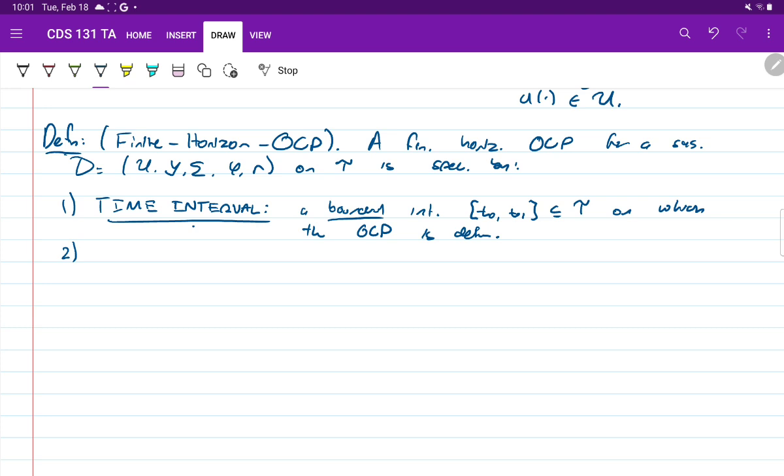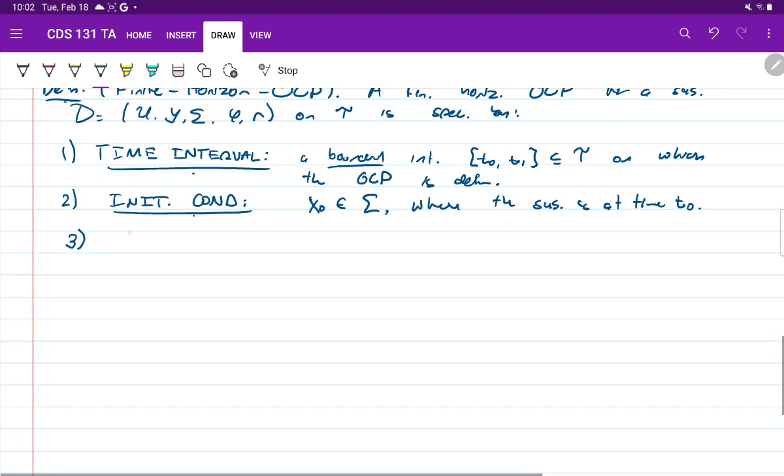Now, second, just to ensure that this problem is well posed, we're going to specify an initial condition. Initial condition, right? That just tells me where my system is starting. It's going to be a value x naught in my state space Sigma, where the system is at time t naught, all right? And then third, we're going to specify our cost function, right?